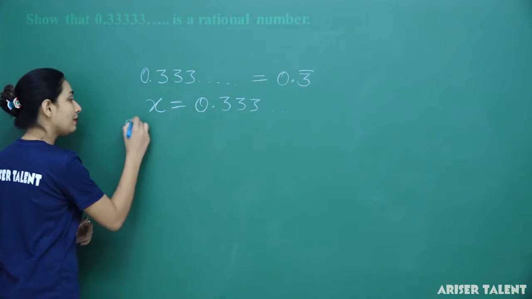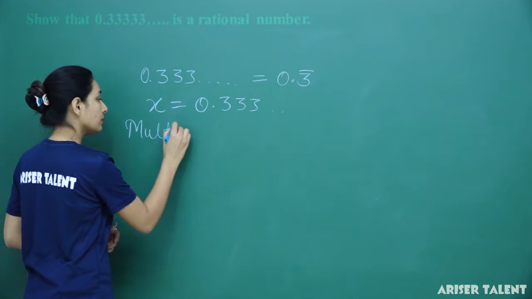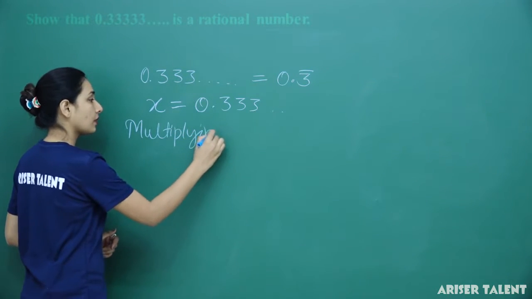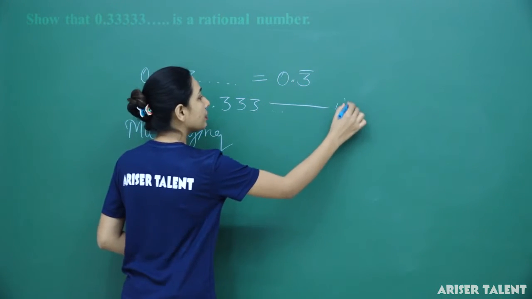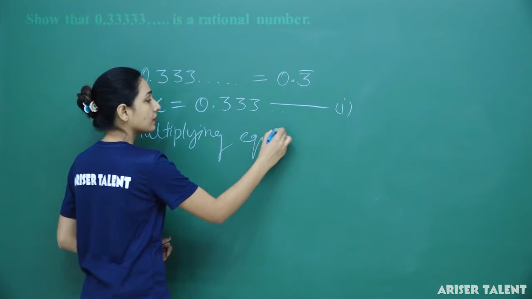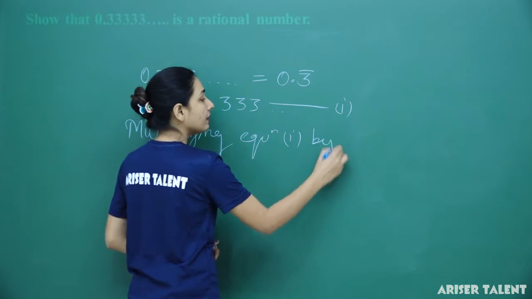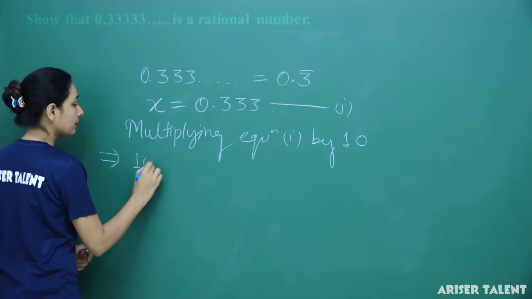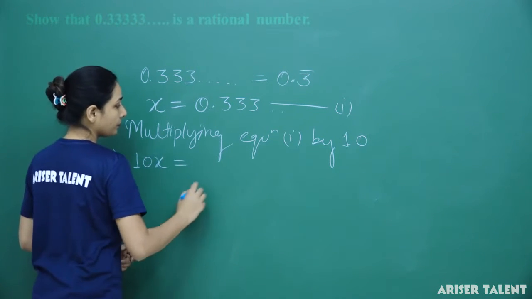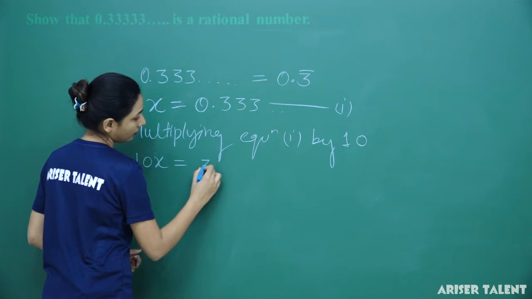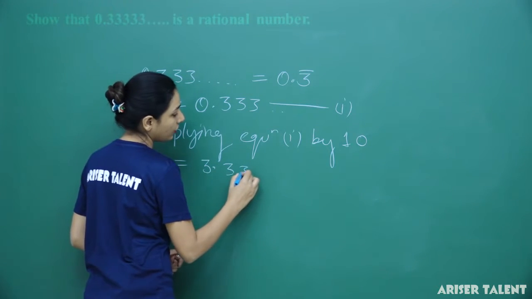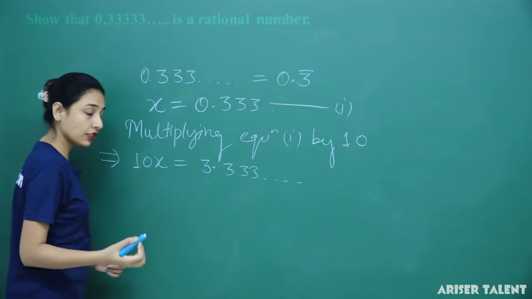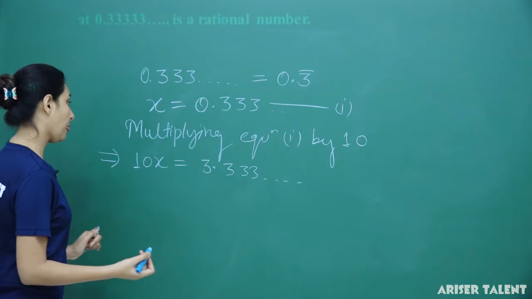So multiplying, let us suppose this is equation 1, by 10, what will we have? 10x equals to 3.3333 and so on, right. So that will be like this only.